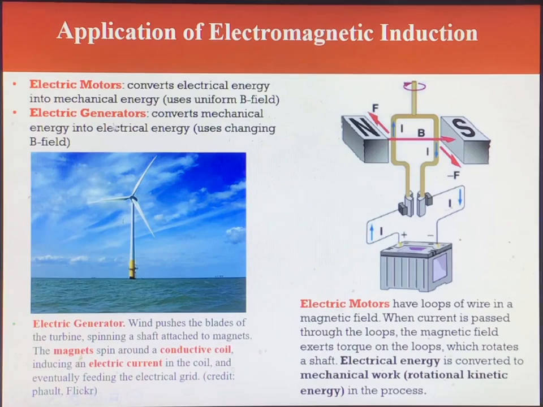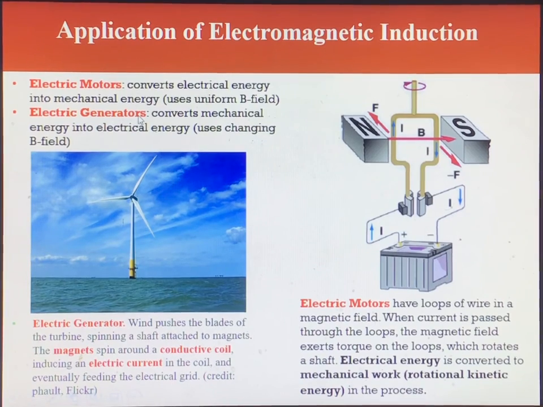Now, an electric generator is simply the opposite of an electric motor. While an electric motor converts electrical energy into mechanical energy, an electric generator converts mechanical energy into electrical energy. The principle is pretty much the same, so again, it uses the principle of electromagnetic induction.